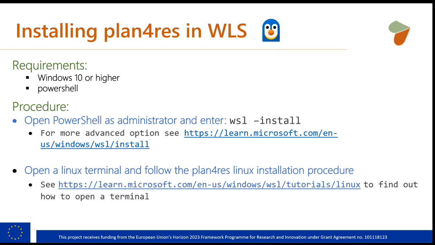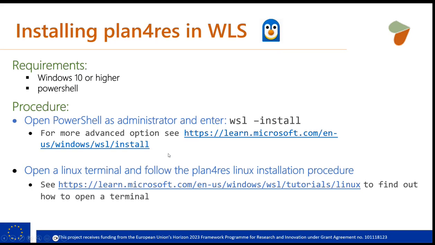For installing WSL, you can refer to the WSL website or learn.microsoft. You can install it on a Windows 10 or higher with the PowerShell that you should have. And the installation is pretty simple.